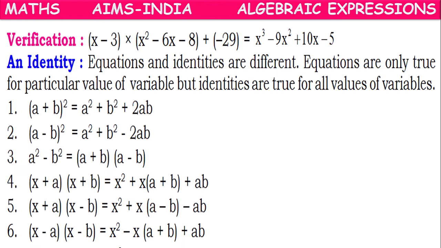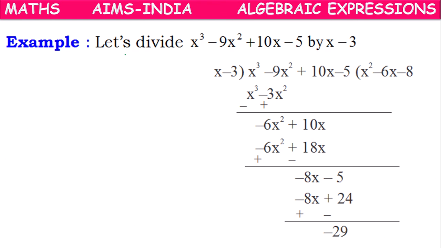So once again, children, let me explain the division process. We have to divide this polynomial by this polynomial. This polynomial will become the dividend, let it be p of x, and this polynomial will become the divisor, let it be g of x.